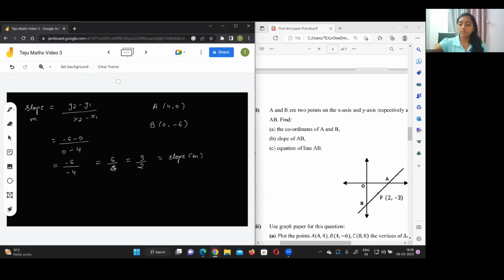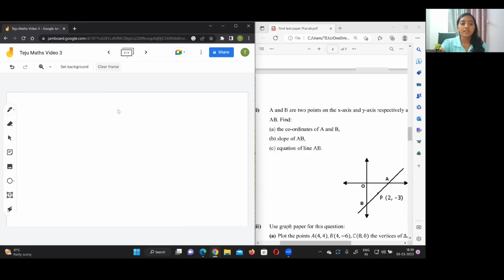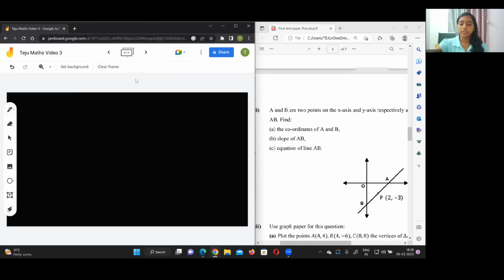Now let's go to the next page. Now they're asking you the equation of AB, which is nothing but y minus y1 is equal to m into x minus x1, right?